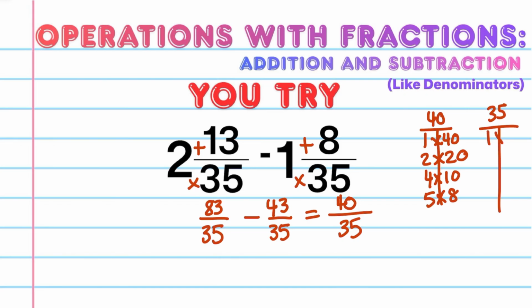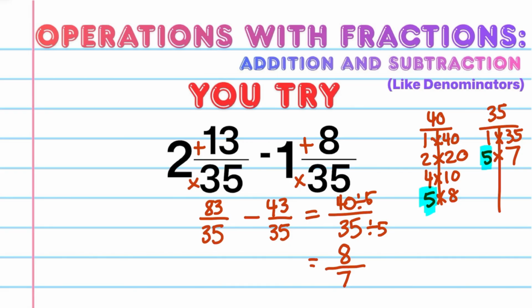The factors of 35 are 1 times 35, and then 5 times 7. So what is our GCF between 40 and 35? Well, it's 5. So I'm going to divide my numerator by 5, my denominator by 5. So 40 divided by 5 is 8. 35 divided by 5 is 7.